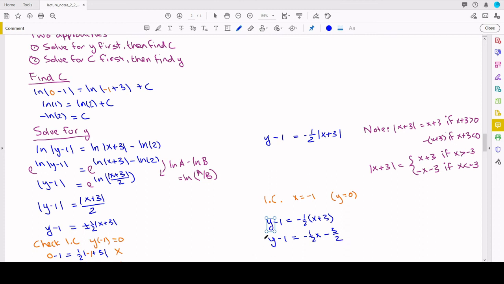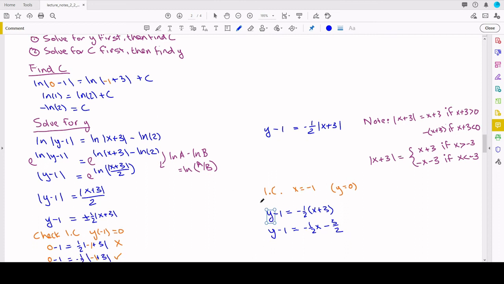And adding 1 to both sides of the equation, we now get that y equals -1/2 x minus 1/2. And that is our final answer.